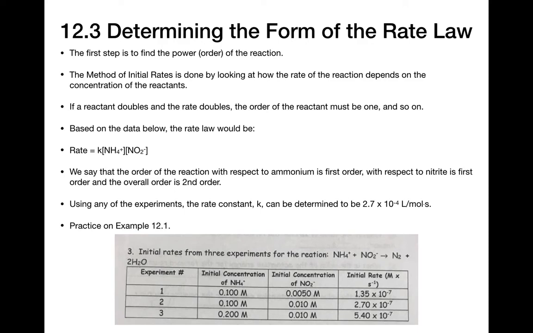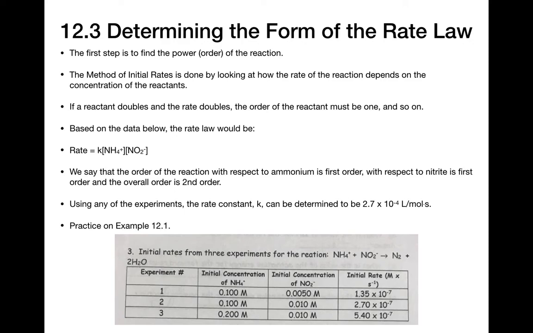So ammonium is kept constant, but nitrite is doubled. Looking at the initial rate, it appears that the initial rate doubles from 1.35 times 10 to the minus 7 molar per second to 2.7 times 10 to the minus 7. So in that case, doubling the nitrite doubles the rate, so nitrite must be first order.